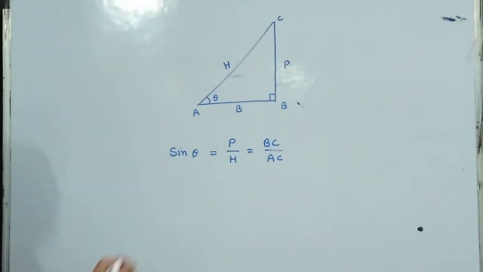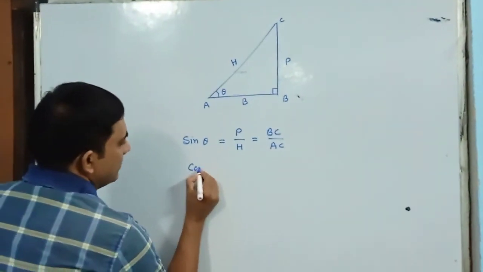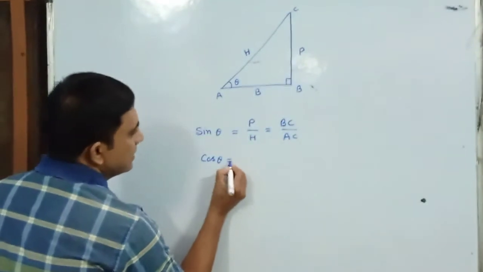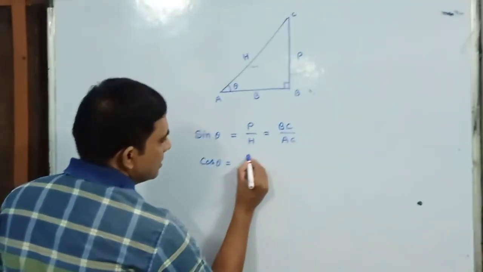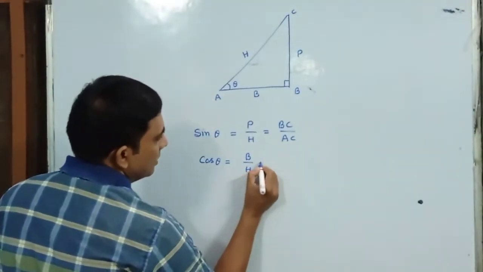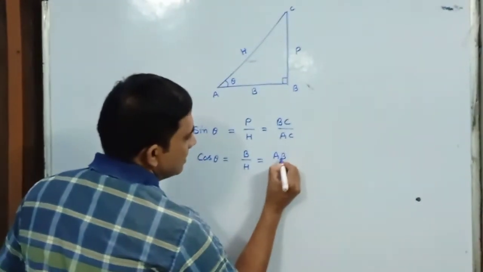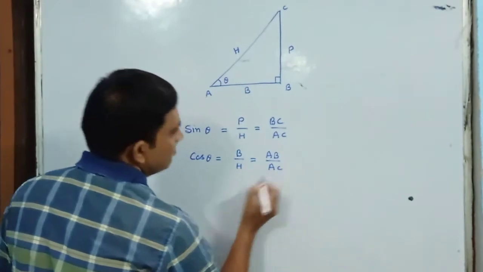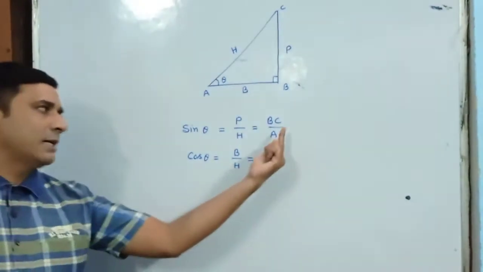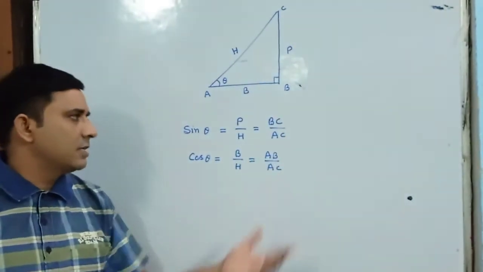Right? And cos theta is B by H. In terms of sides, it is AB by AC. You can write in terms of sides or you can omit; it is up to you.